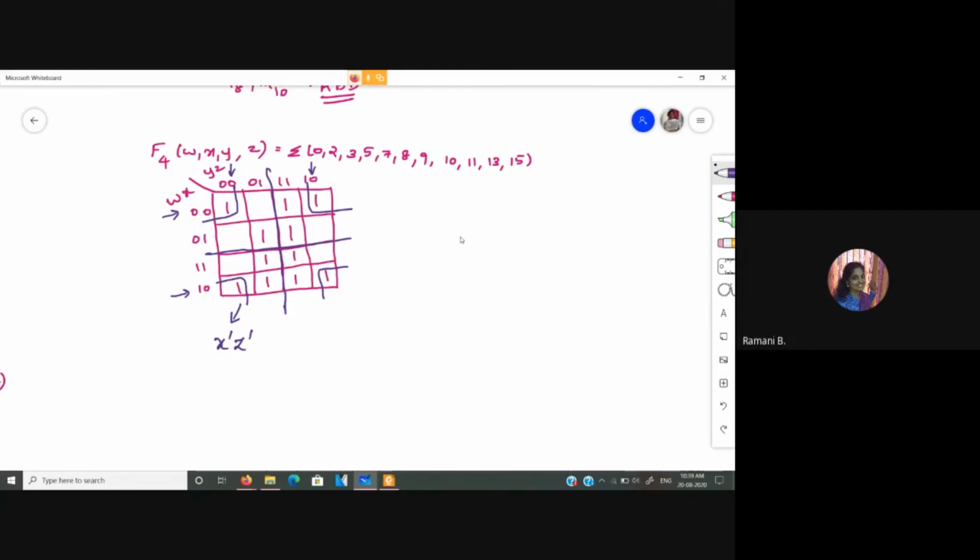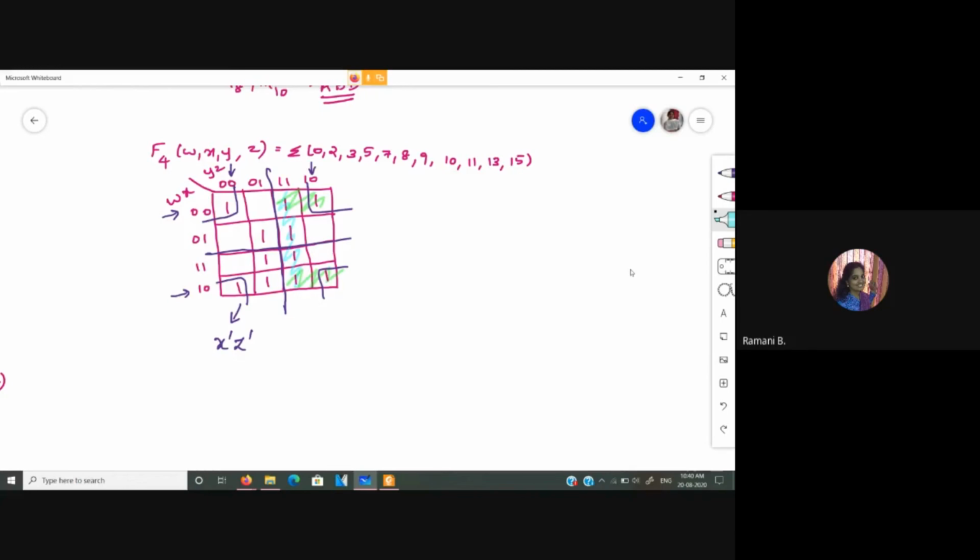Next, we shall move on to this particular term. Here there are two possible combinations actually. You have a possible combination like this particular quad, or you can have this other quad.